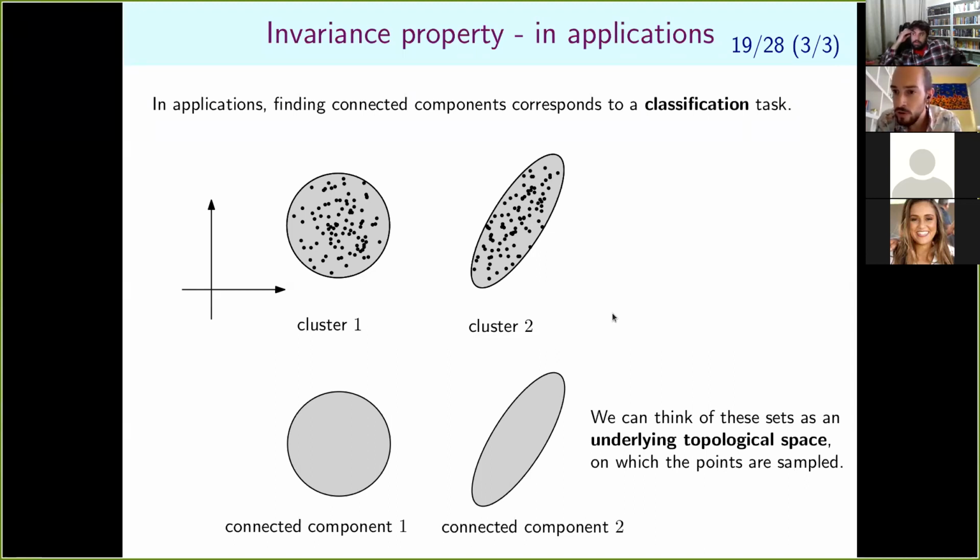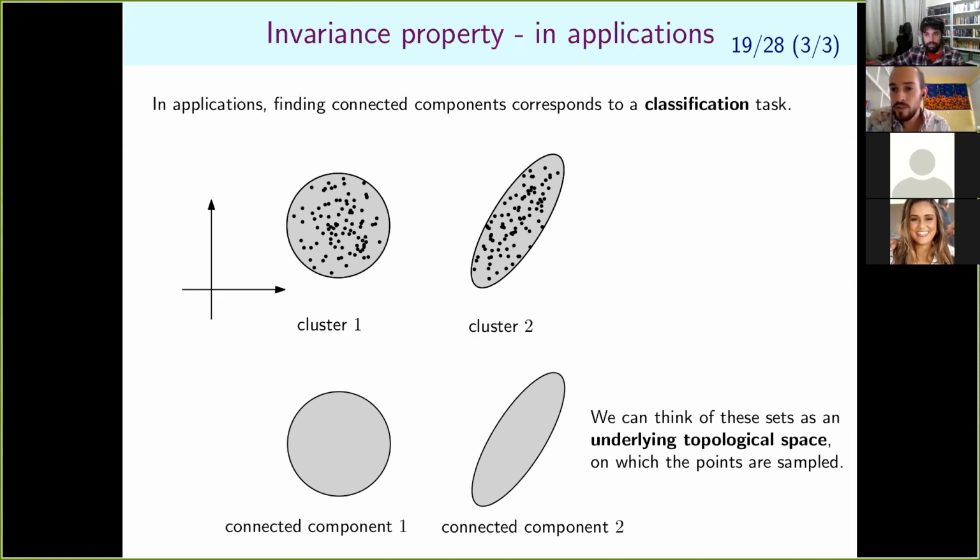I will try to reformulate that. You can see these data sets as a sample of this union of two ellipsoids, right? And at the end, trying to classify this data set, this point cloud, consists in finding for each point to which connected component it belongs.